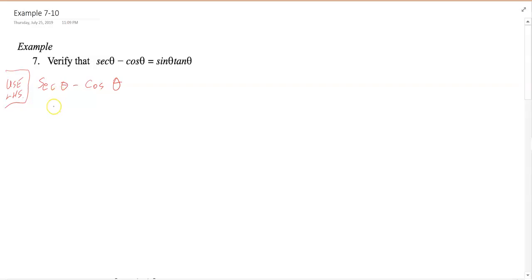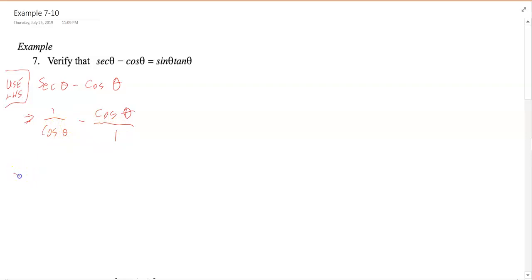Let us rewrite secant theta as 1 over cosine theta, and then write cosine theta as cosine theta over 1. Now we're going to use our ideas of equivalent fractions to make a common denominator.